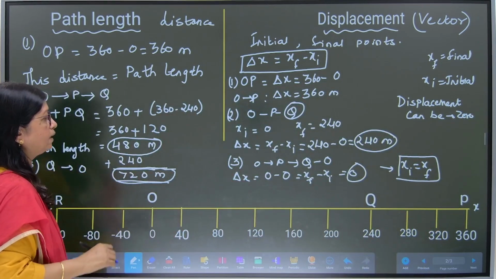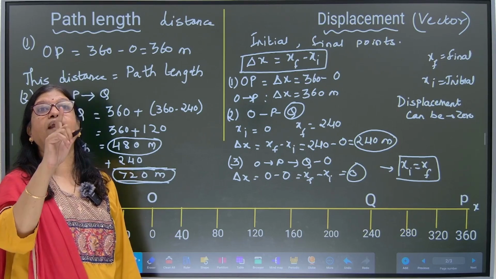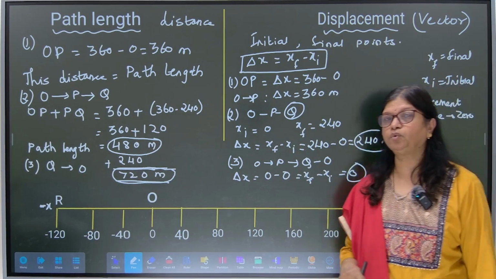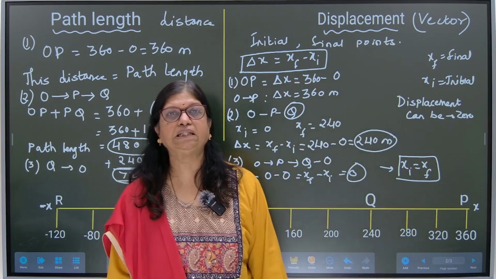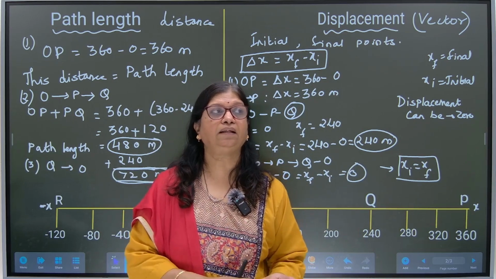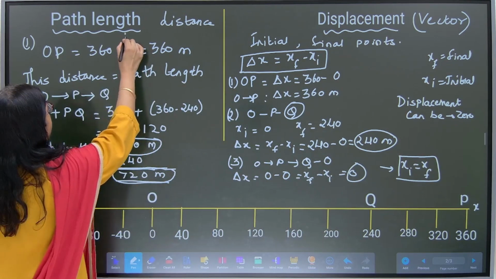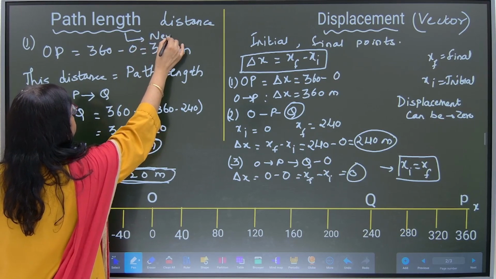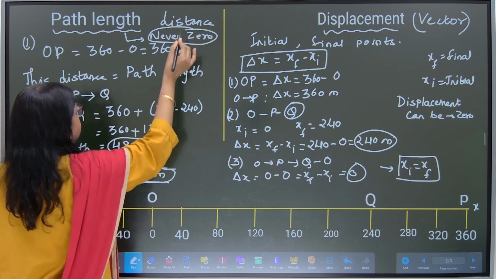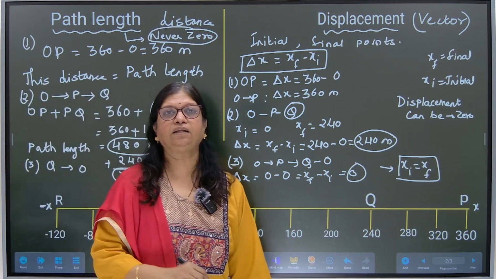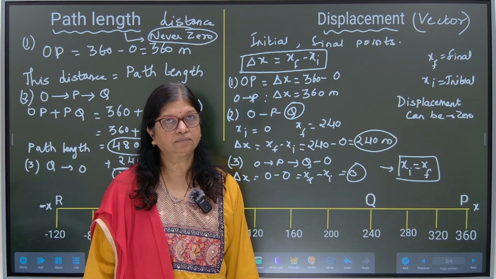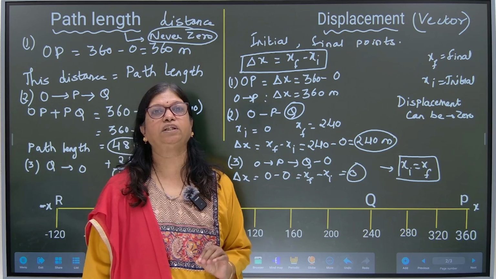Can distance or path length be 0? Never. I am going from here to here and again from here to here, so I have traveled a distance. Definitely, the path length can never be 0. Agreed? Displacement can be 0. Path length can never be 0. I hope you are understanding what I am trying to say.